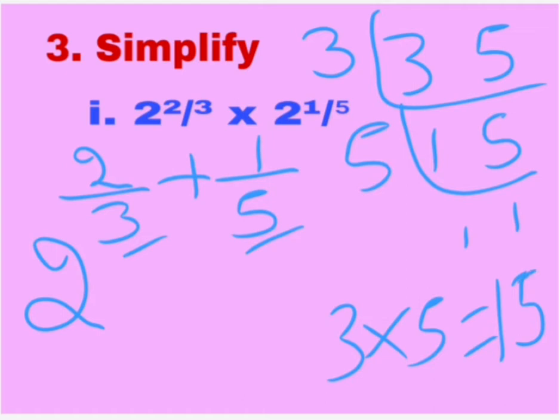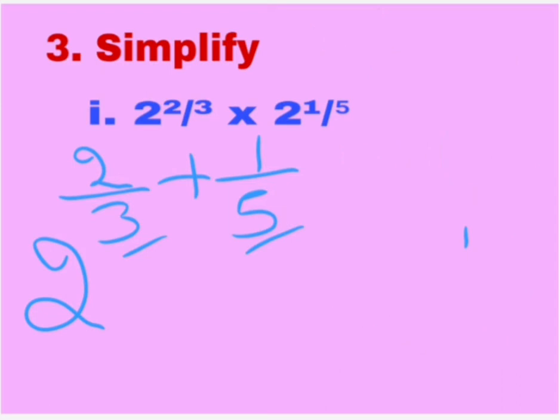Now your denominator has to be converted into this 15, right? To this 3 we multiply 5 to get 15, same number to the numerator also. To this 5 we multiply 3 to get 15, same number to the numerator also.